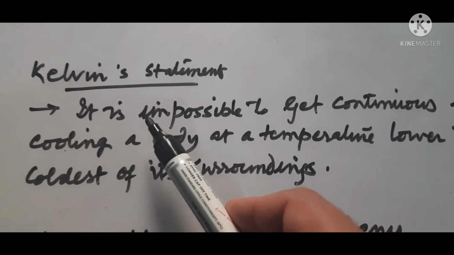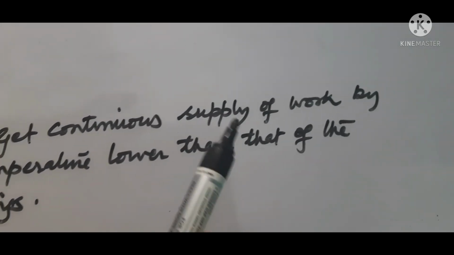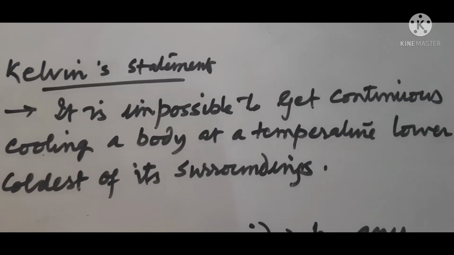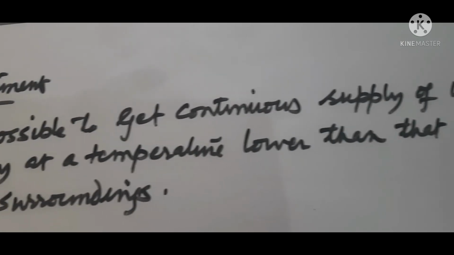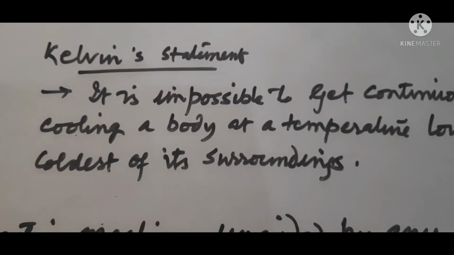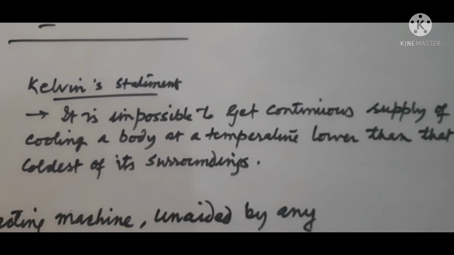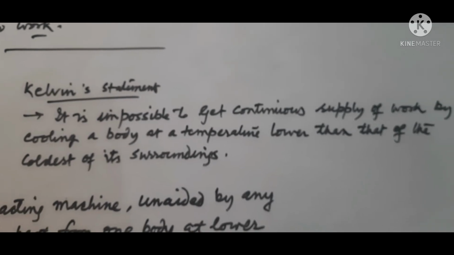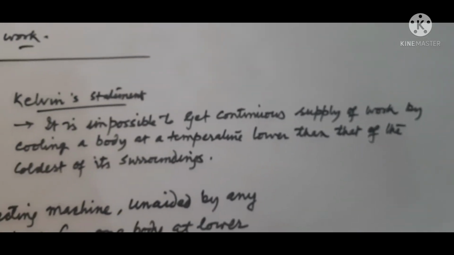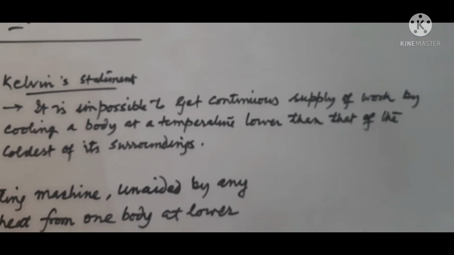Kelvin's statement: it is impossible to get a continuous supply of work by cooling a body at a temperature lower than that of the coldest of its surroundings. So that is Kelvin's statement.